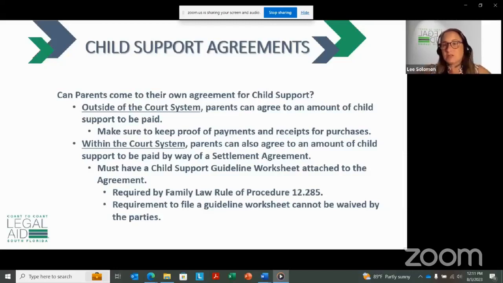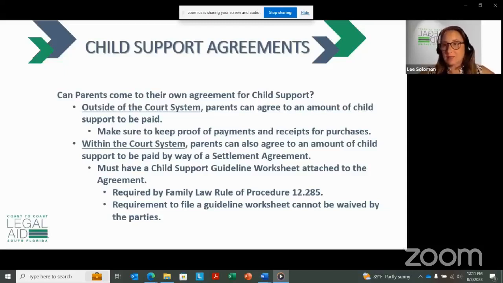In those situations, we would always suggest that both parties keep proof of all payments and receipts for purchases. In the event that at a later date it does come to court, you want to have that proof to present as evidence. Now, within the court system, parents can also agree to an amount of child support to be paid by way of a settlement agreement.